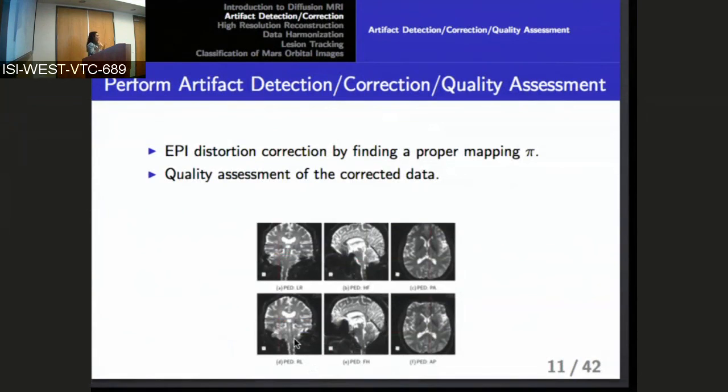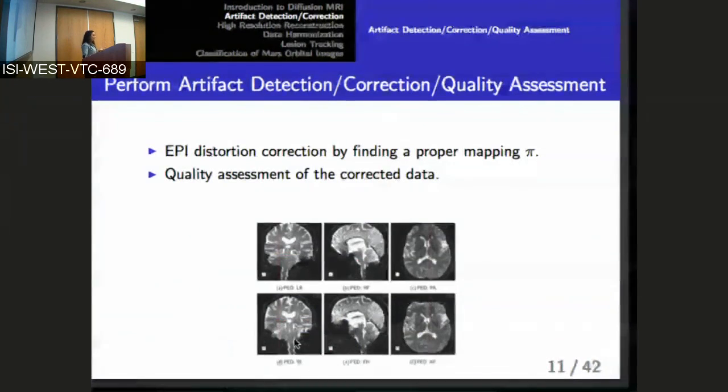And for each of these, we have two phase encoding options. For example, for sagittal, phase encoding could be from bottom to top, top to bottom, anterior to posterior, posterior to anterior. So we want to see which of these is better, that means after correcting for distortion, which one has a better corrected image.